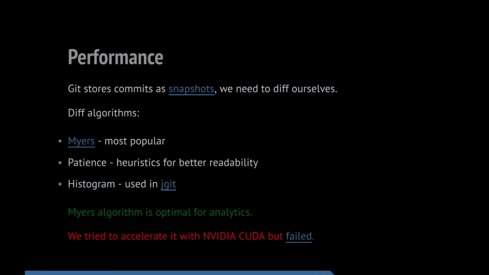As you may know, Git doesn't store commits as differences between files. It always stores snapshots. So it provides an abstraction of commits as snapshots. And this means you have to diff files by hand. And, well, it really matters how fast you do that.